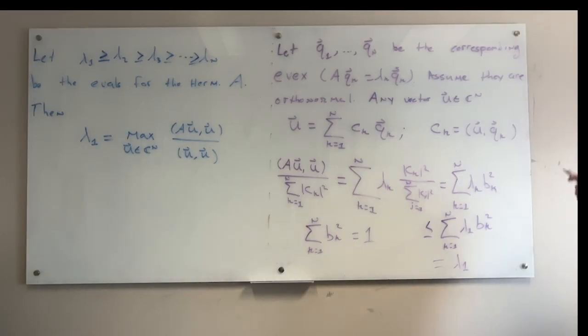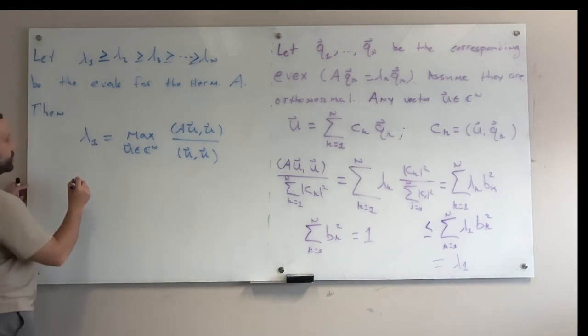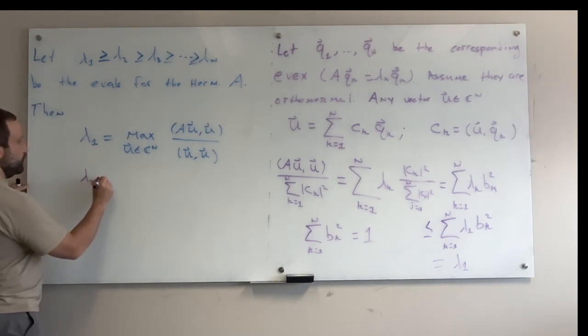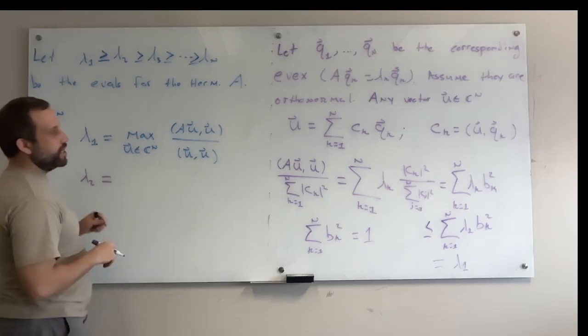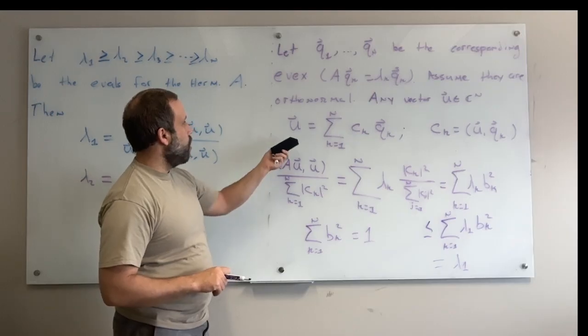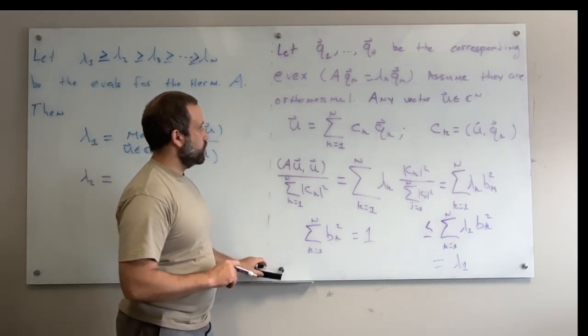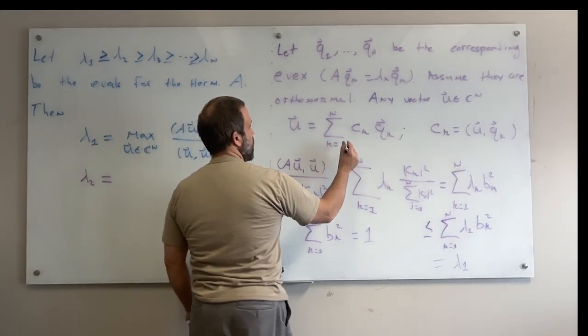But notice that we can continue this. So what is lambda 2 going to be equal to? Let's think about what lambda 2 might be equal to. So we can do something similar. What if we only looked at u's that were orthogonal to q1? So in other words, what if we only looked at u's like this?